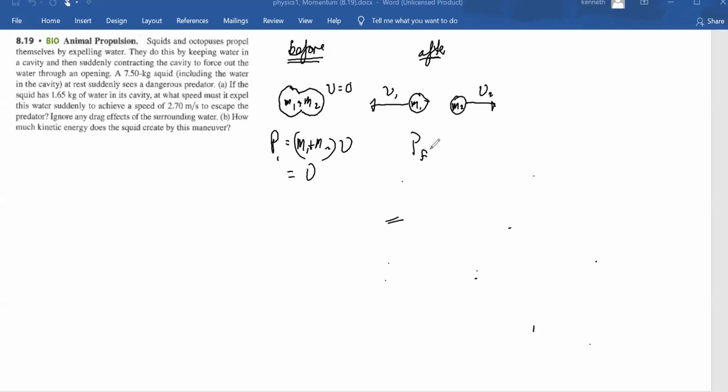P final, from this picture, respecting the vector character of momentum, is M1 V1 plus M2 V2.